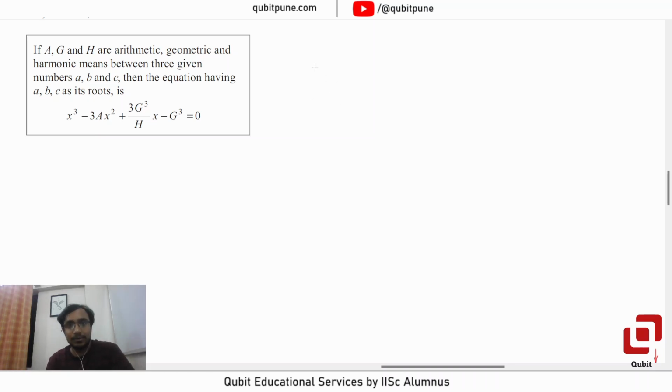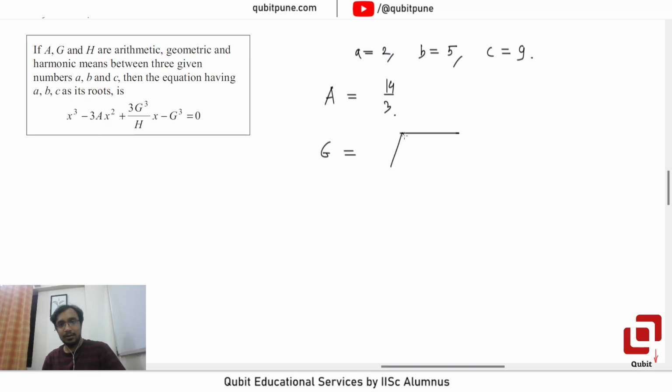I'm going to take an example and do it. Suppose I take the numbers as 2, let's take 5, and let's take the third number as 9. So what will be the arithmetic mean? 14 by 3. The geometric mean will be the cube root of 90, right?